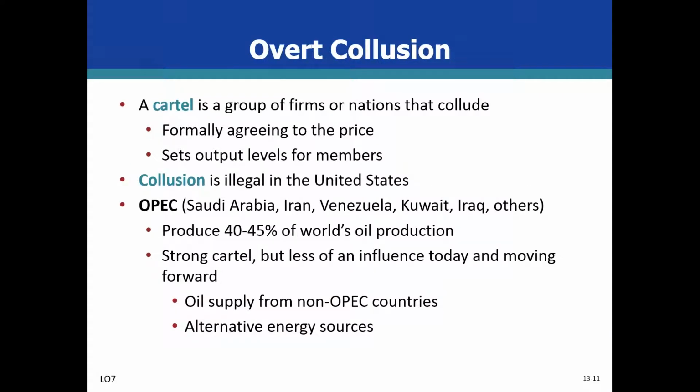Sometimes the coordination is more explicit, like with cartels. A cartel is a group of producers that create a formal written agreement specifying how much each member will produce and charge. For the cartel to work, output must be controlled and allocated to the various members.